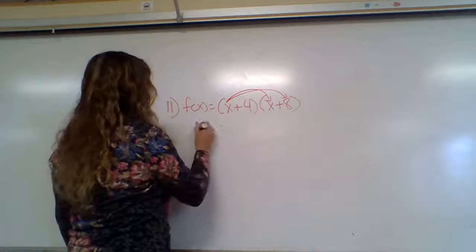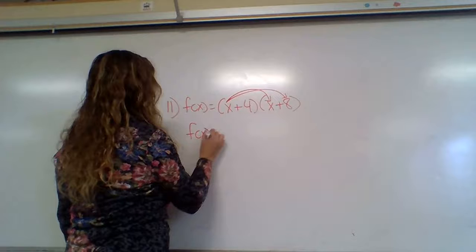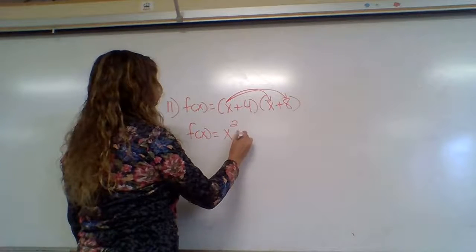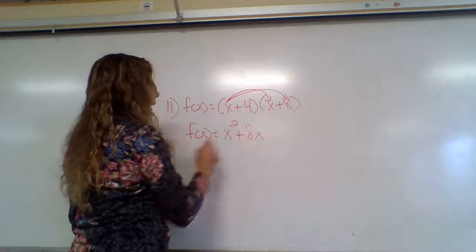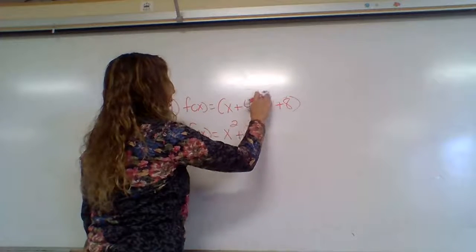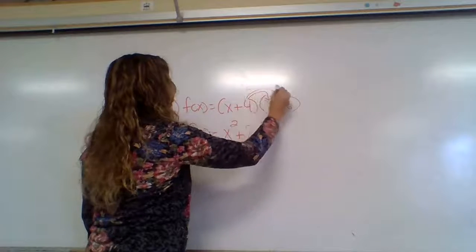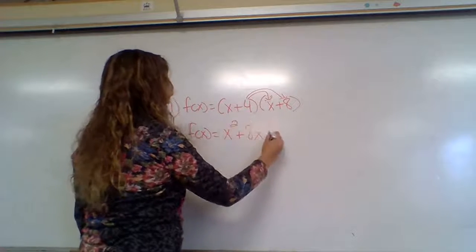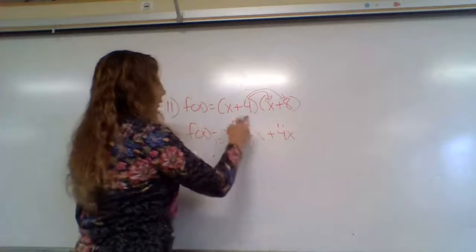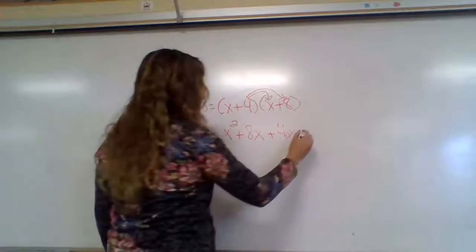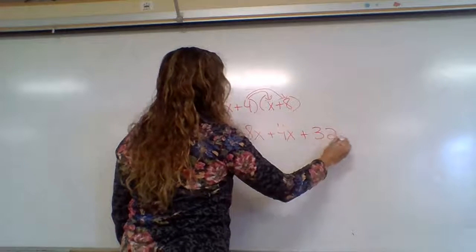X times x, here, x squared, x times 8 is 8x, and then you're done with your x. Move on to your 4. 4 times x is 4x, and then 4 times 8 is 32.